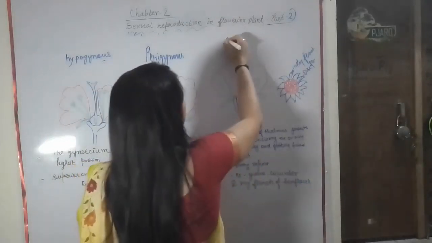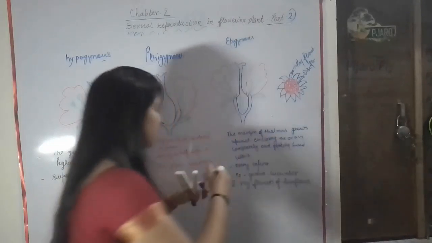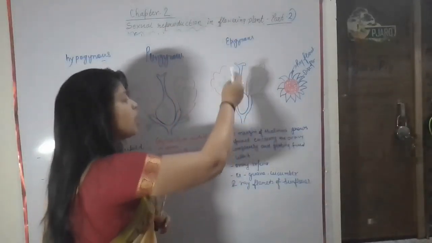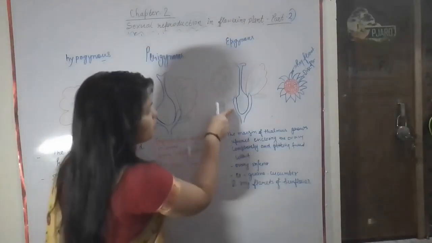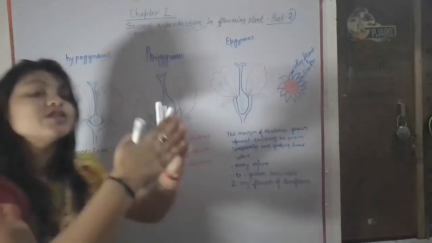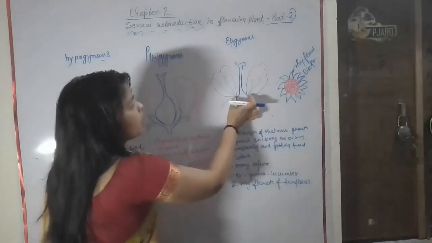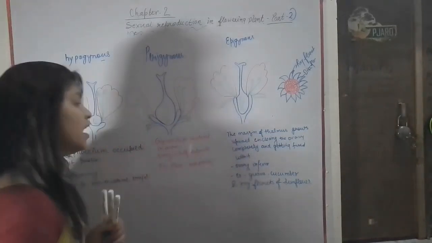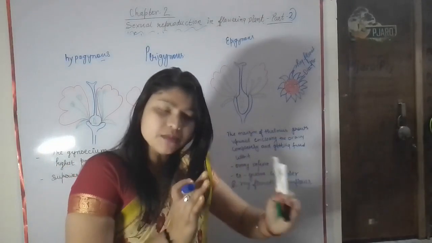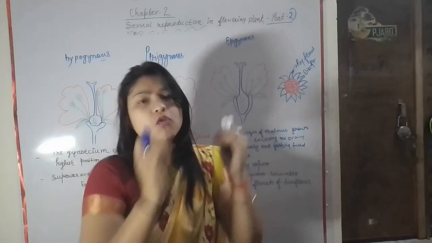The next condition is the epigynous. In the epigynous condition, the margin of the thalamus grows upward. You can see that the margin of the thalamus grows upward and encloses the ovary fully. They completely enclose the ovary and get fused with it. Means they completely cover the ovary.